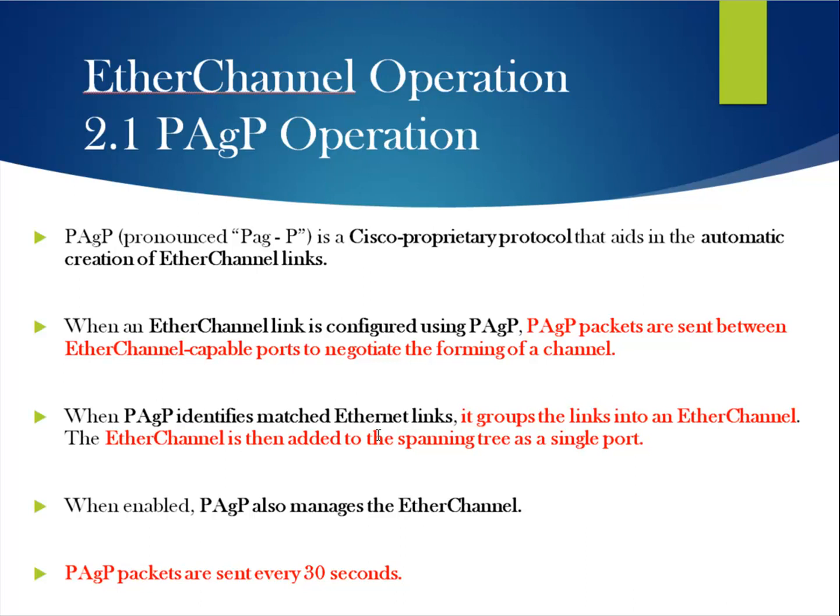We already discussed that the speed of the links must match. It groups them into an EtherChannel, which is then added to the spanning tree as a single port. We also discussed in the beginning that if you have more than one EtherChannel between two devices, spanning tree protocol will block one, so only one will be working.